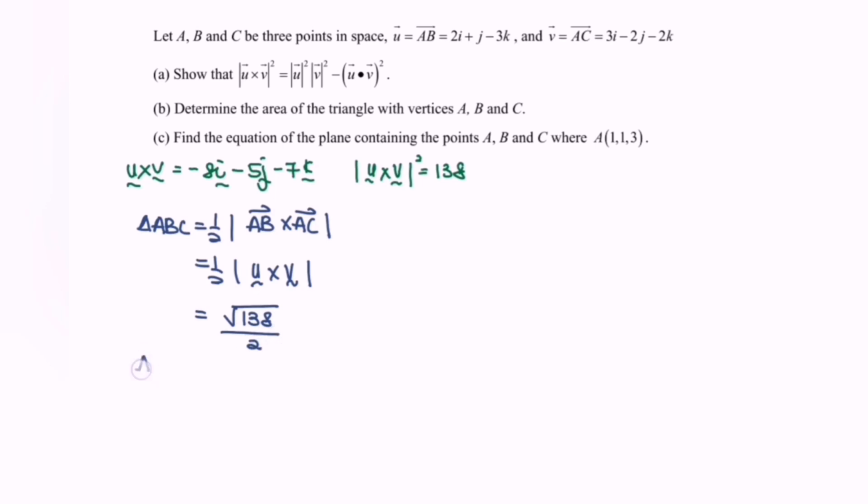So the area for the triangle ABC can be expressed as square root of 138 over 2, or 5.874.